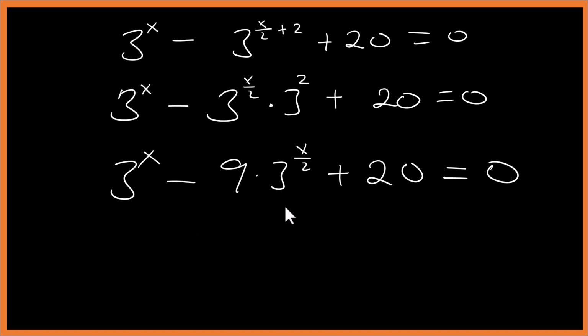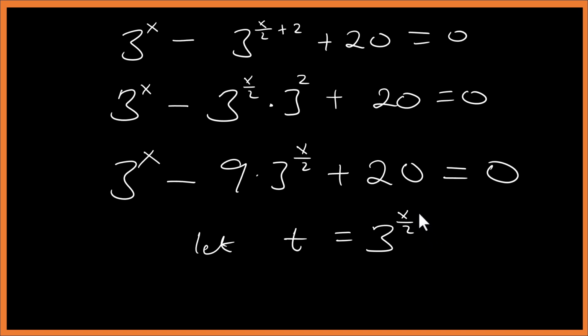Now let's observe something here. We have this and we have this. We know if we square this, you'll get this. So let t be 3 raised to x on 2.